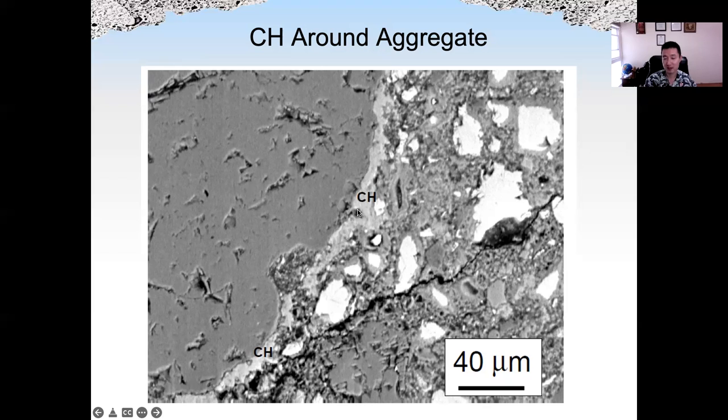Okay, so that is calcium hydroxide. And this is unhydrated cement. And in between, one mass. We can also see from here, there's a crack. Again, empty space is black color.